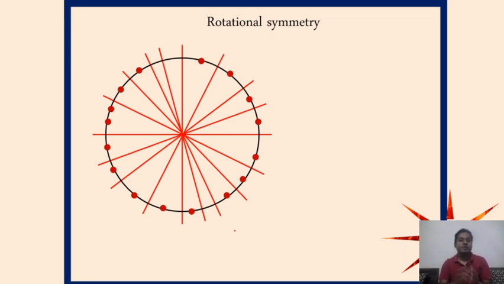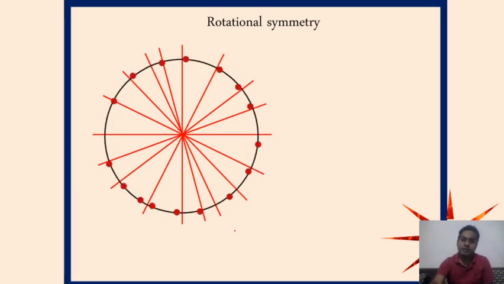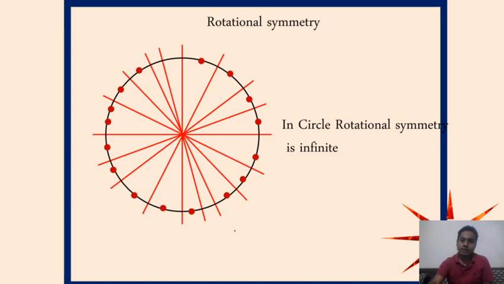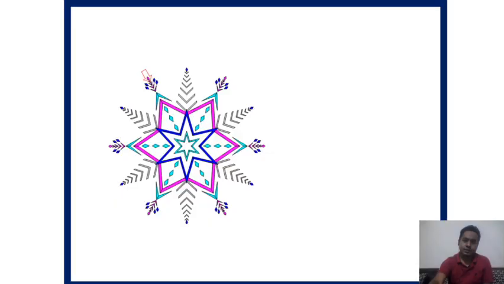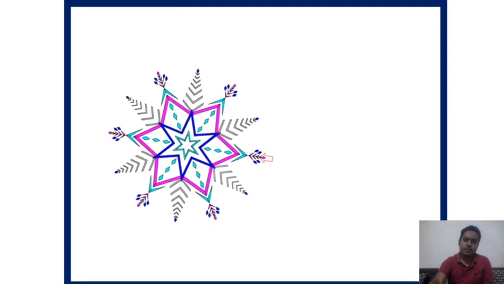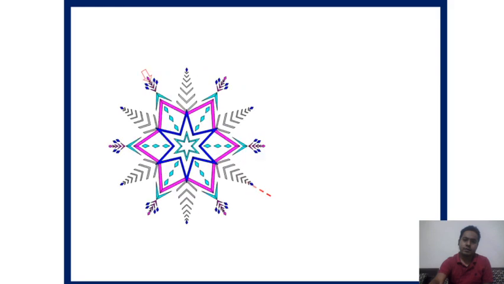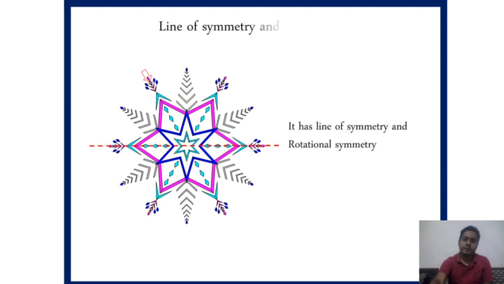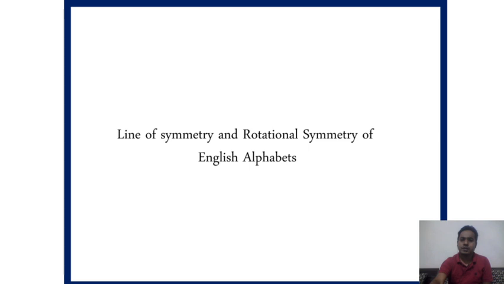So the lines of symmetry for the circle are infinite, and rotational symmetry is also infinite. In a circle, rotational symmetry is infinite and lines of symmetry are also infinite. This shape has rotational symmetry and also line of symmetry.